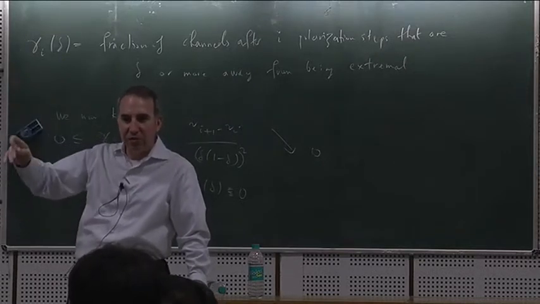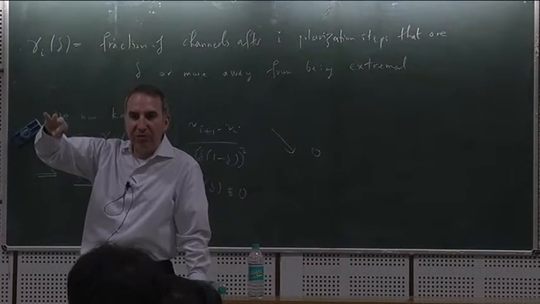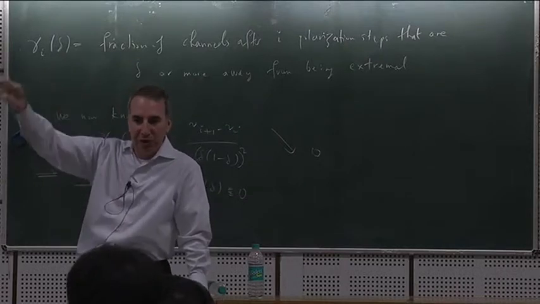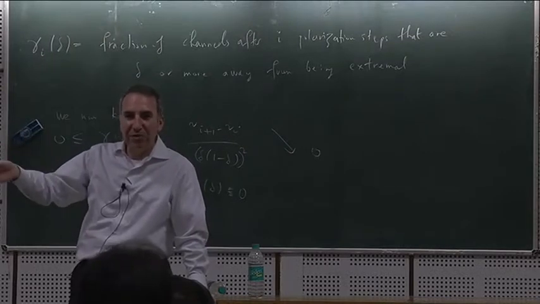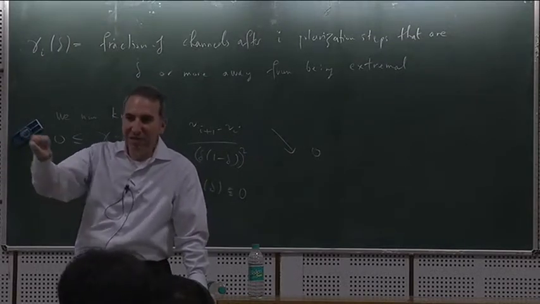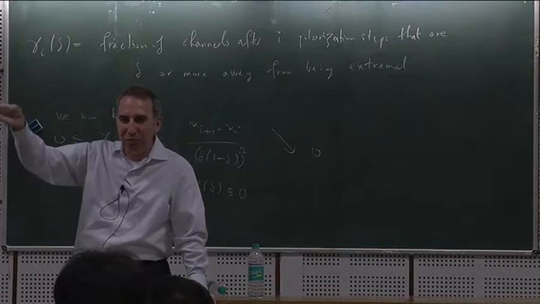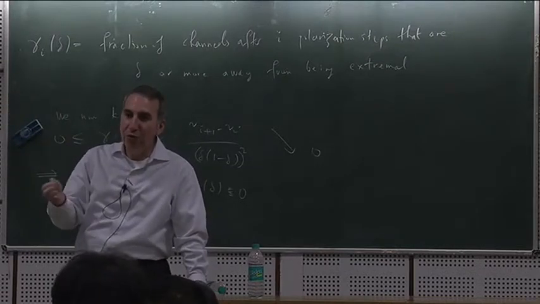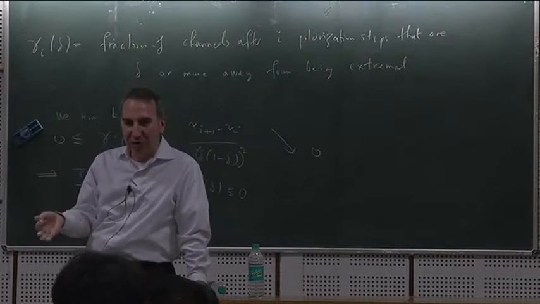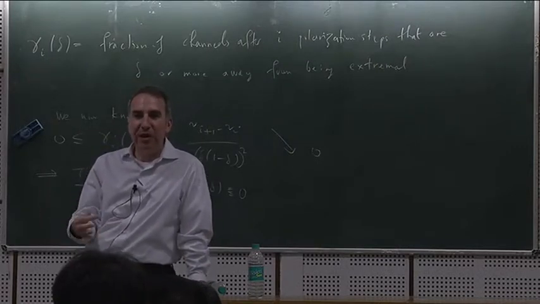Inputs are x1, x2, x3, and I make some more complicated transform between U1, U2, U3 and x1, x2, x3. For example, x3 is U3, x2 is U1 plus U2, and x1 is U1 plus U2 plus U3. Would this also lead to polarization? And if so, would this lead to faster polarization?